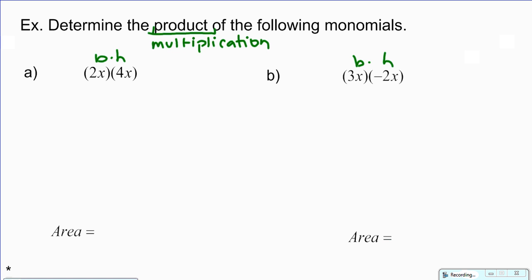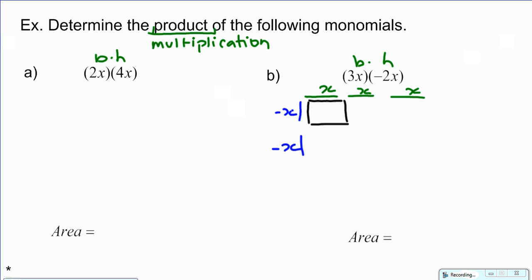So we have 3 positive x for the base. So 1, 2, 3. And then for the height, pardon me, we have negative 2x. So now we're thinking as base times height get multiplied, we get positive x times negative x.